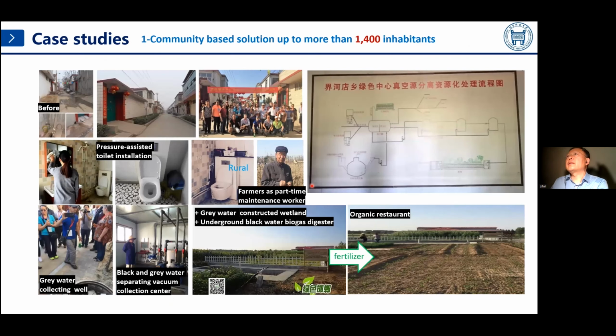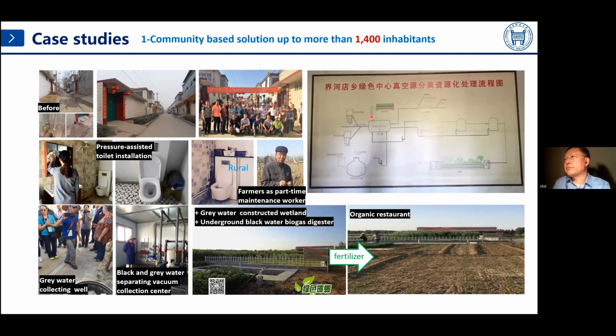And here is one larger-scale village-based vacuum toilet and vacuum sewer system. All the toilet water is collected by vacuum toilet and vacuum sewer, and gray water is also collected by vacuum sewer. There are about 1,400 inhabitants here.